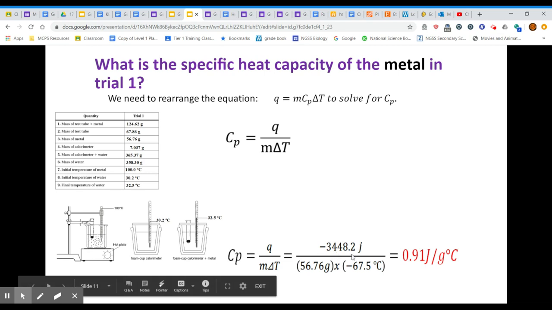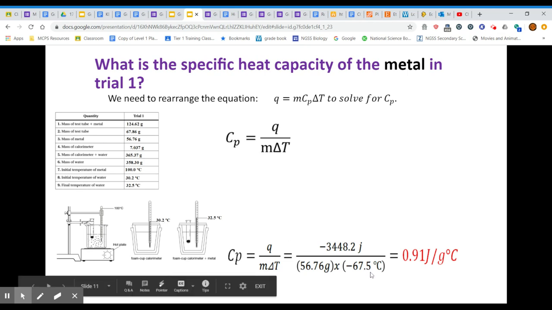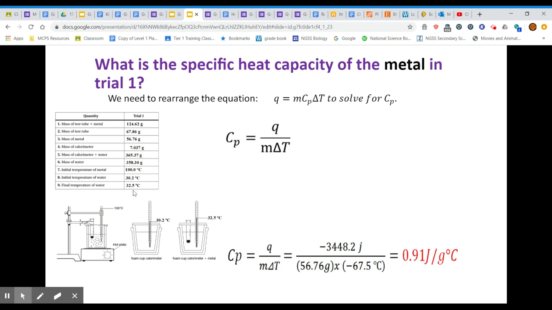So this is what we got from the water, only the sign has been changed. This is the grams of the metal, and delta T of the metal was this value that we got, 67.5. The initial temperature of the water was 100 degrees Celsius and the final temperature was 32.5.